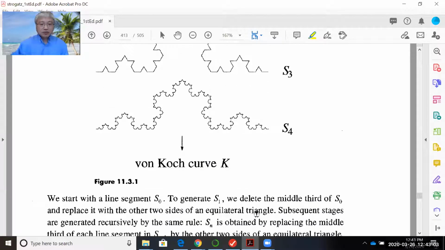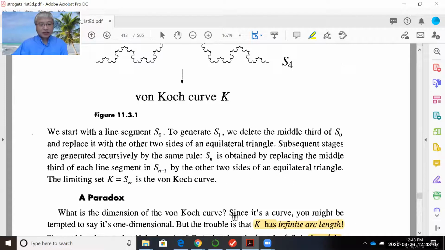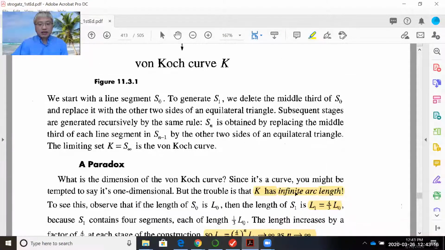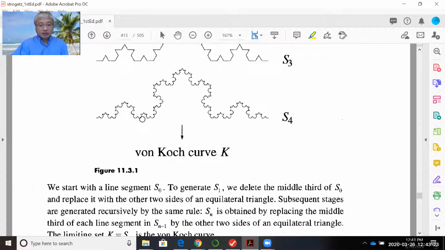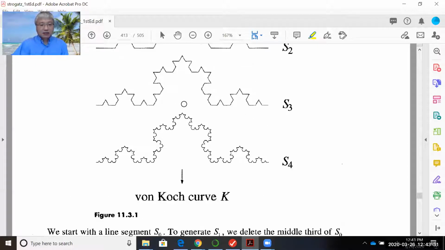So mathematically, we can literally show how this length, in fact, goes to infinity. The K has infinite arc length, this Koch curve. So even though it's a finite size, everything is confined between 0 and 1, and the height is no more than 1/3.